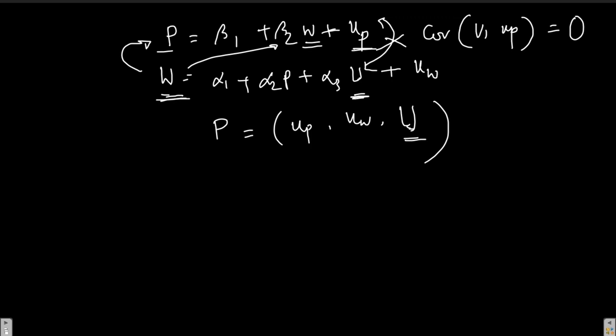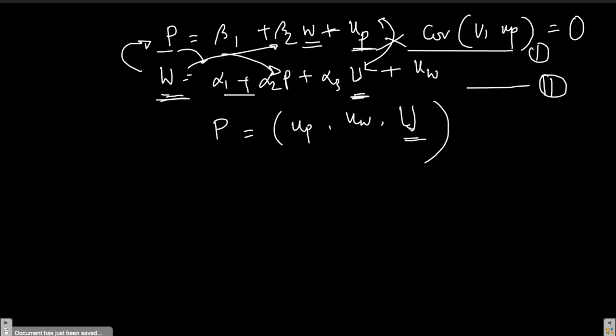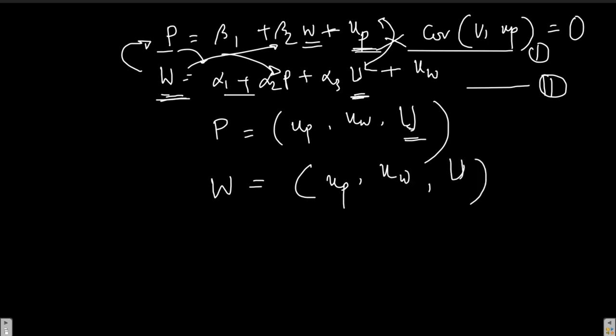But let's say this is equation 2 and the first one is equation 1. If I think about equation 2 and substitute P from equation 1, I get W in terms of u_P and u_W, and of course my U, which is already present in my W equation.